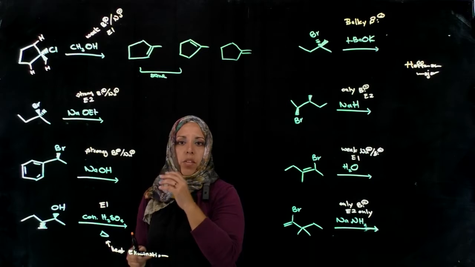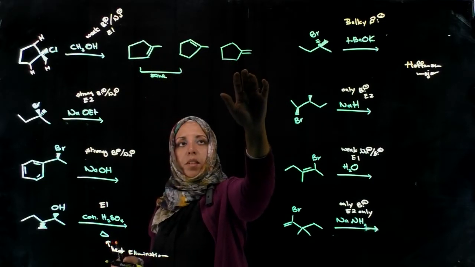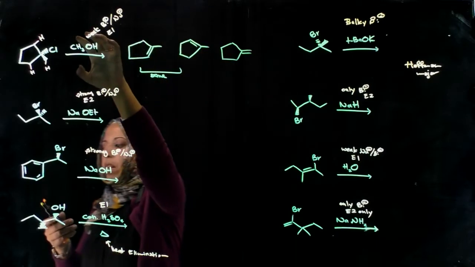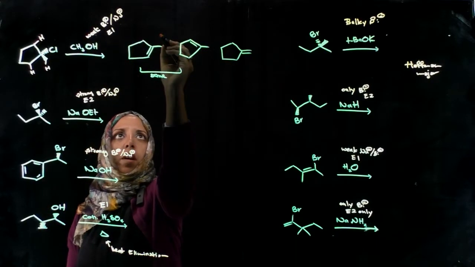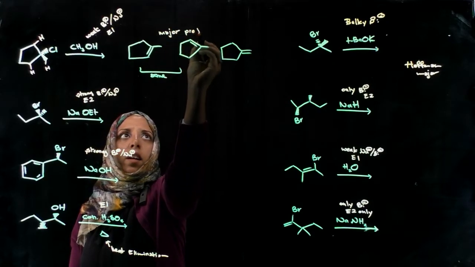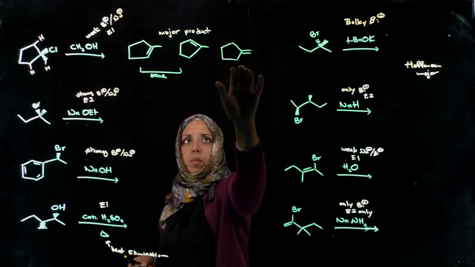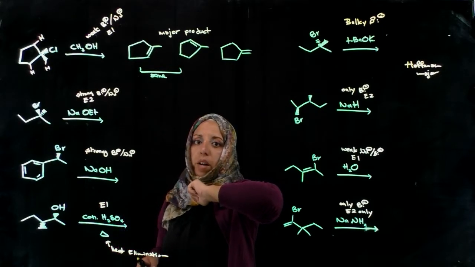Those are the more substituted alkene, and this is a less substituted alkene. This is not a bulky base, so the major product would be the more substituted alkene, or what we call the Zaitsev product. And the less substituted alkene is the minor product in this case.